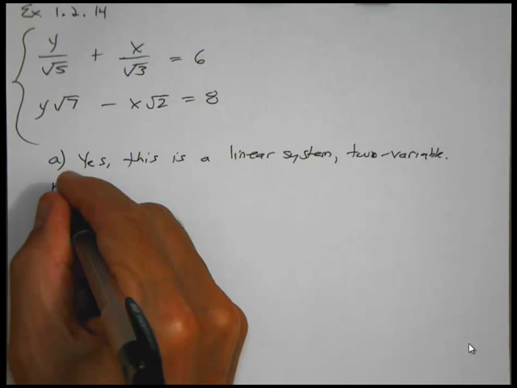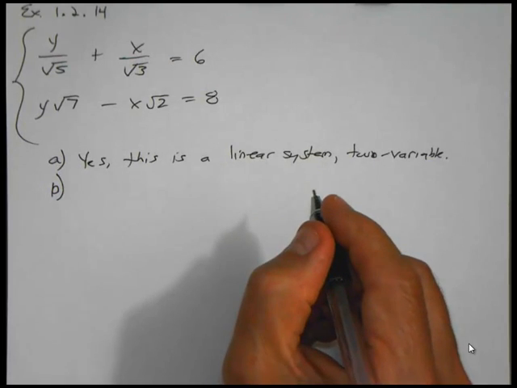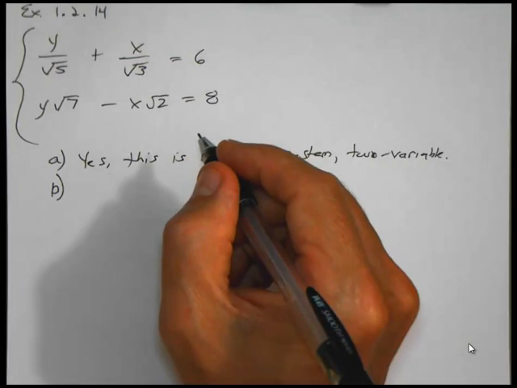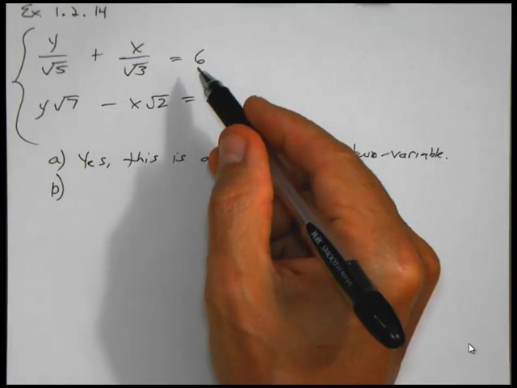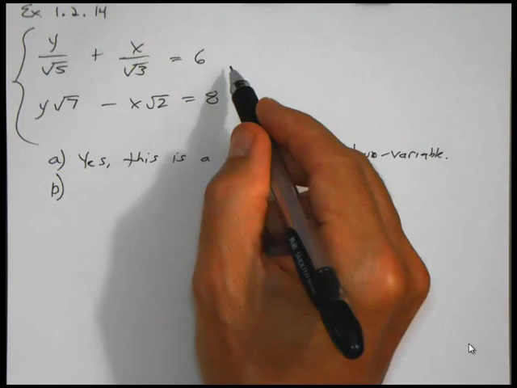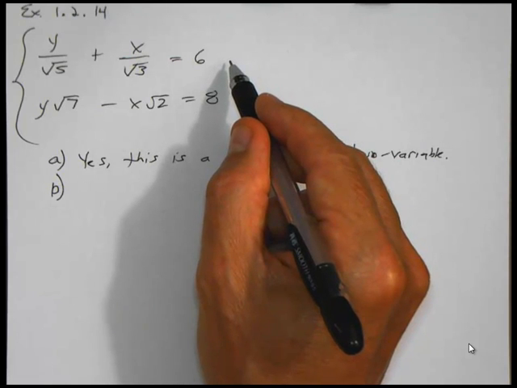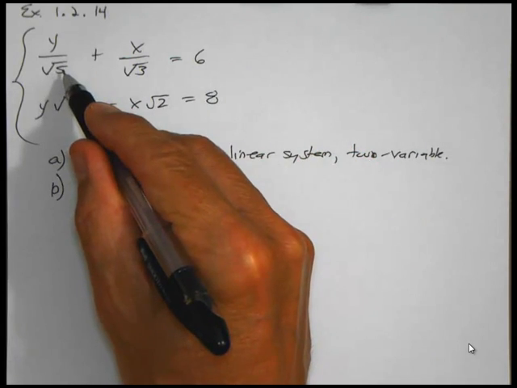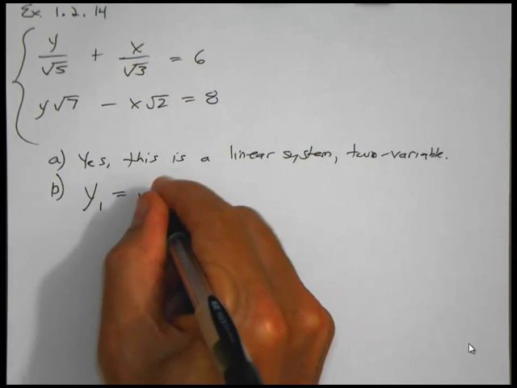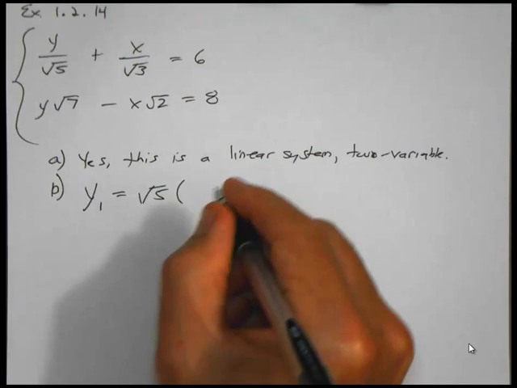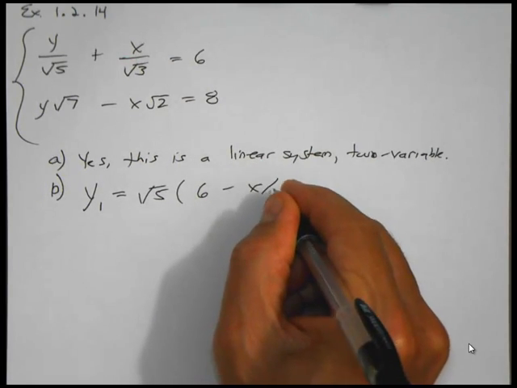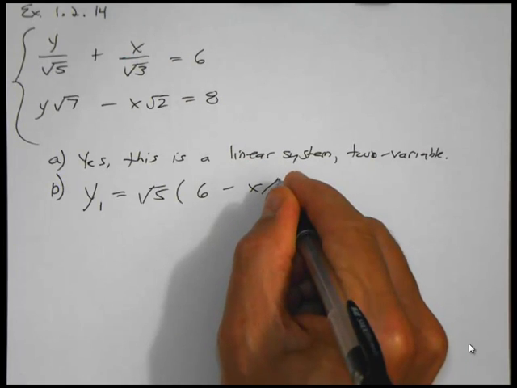Let's go to part B, where we will try to solve the system graphically using the calculator. In the first equation, we need to solve for y. We could subtract x divided by the square root of 3 from both sides, and then multiply both sides by the square root of 5. That would give us y1 equaling the square root of 5 times (6 minus x divided by the square root of 3).